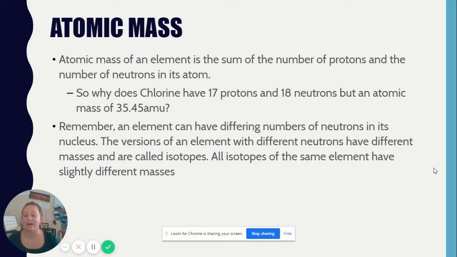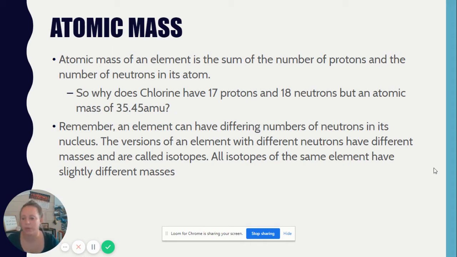So what we have in the real world is we have different isotopes that exist, okay? So if I could pick up a handful of chlorine atoms, I might have some chlorine 35 with a mass of 35, 17 protons, 18 neutrons. I might have some chlorine that has a mass of 34 with 17 protons and 17 neutrons.